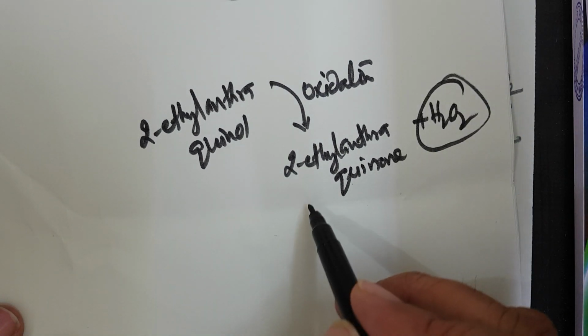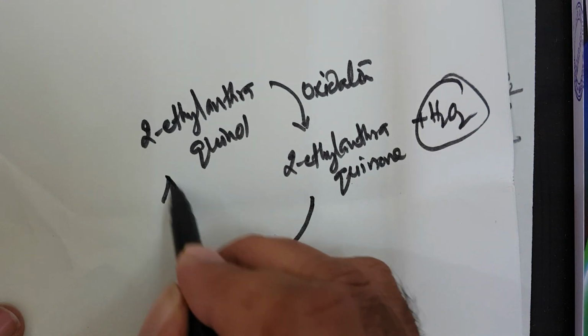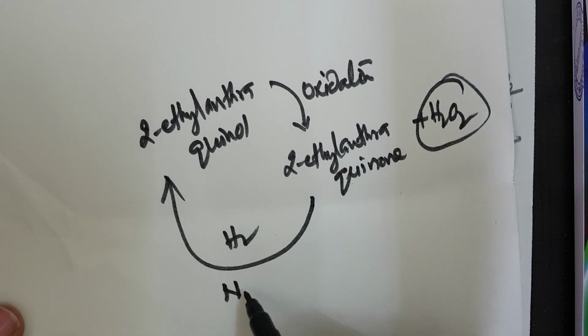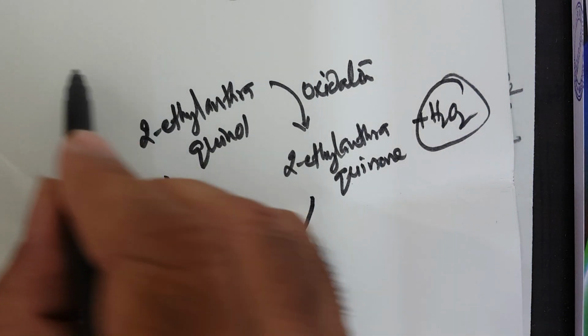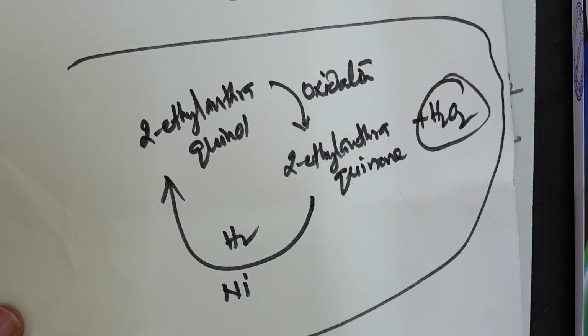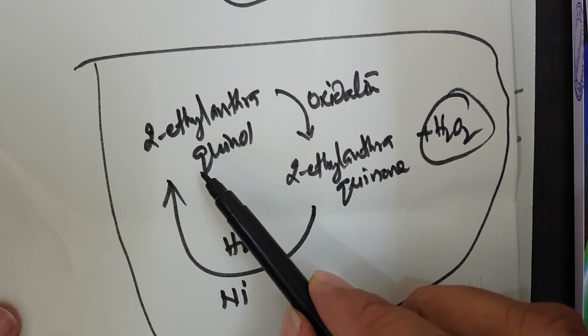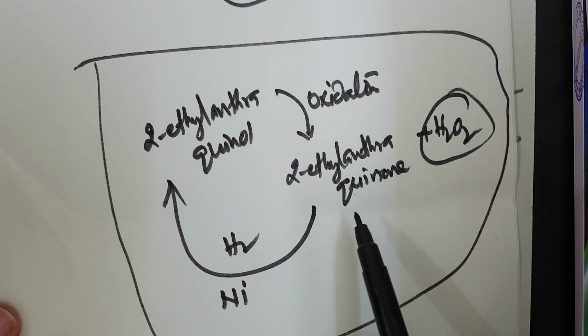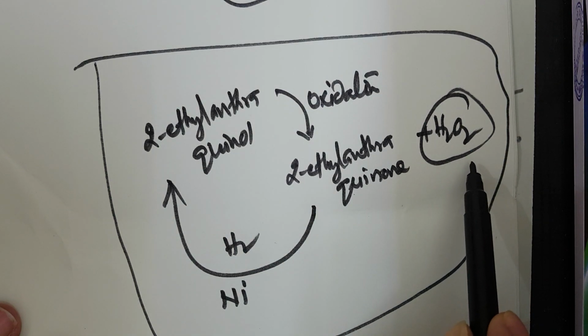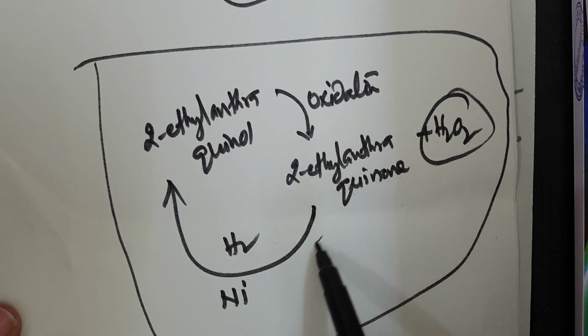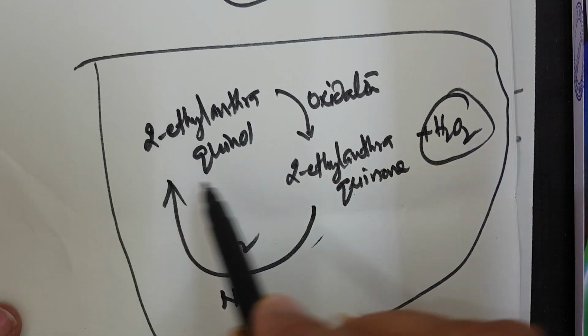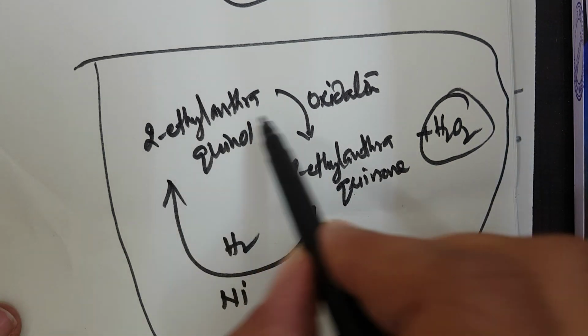Now this is again reduced in the presence of nickel and gives 2-ethyl anthraquinol. This is the reason for calling it a cyclic process. 2-ethyl anthraquinol oxidation gives 2-ethyl anthraquinone and hydrogen peroxide, and 2-ethyl anthraquinone undergoes reduction with hydrogen and gives 2-ethyl anthraquinol.